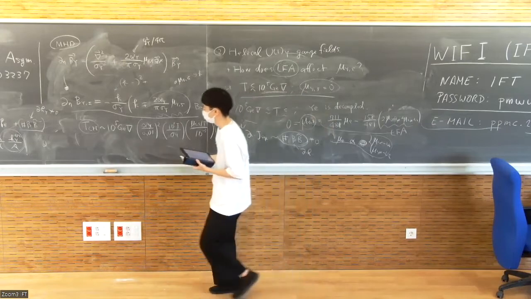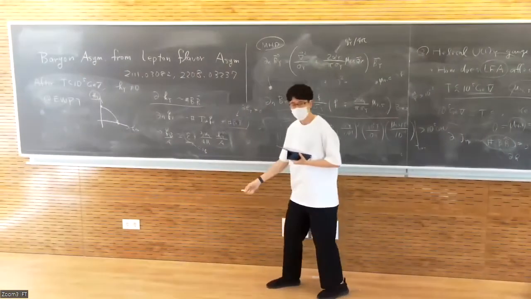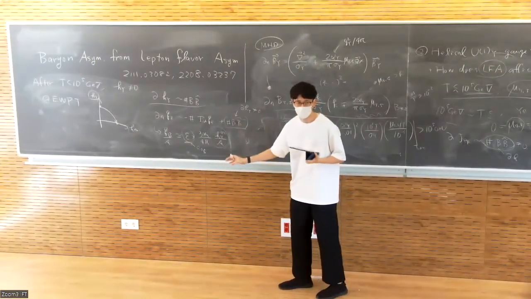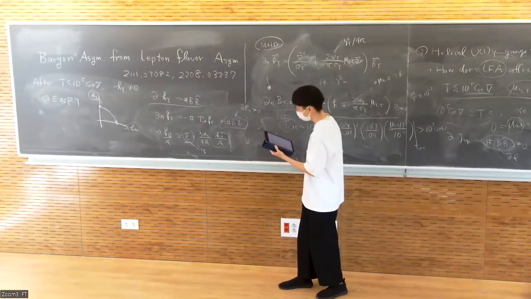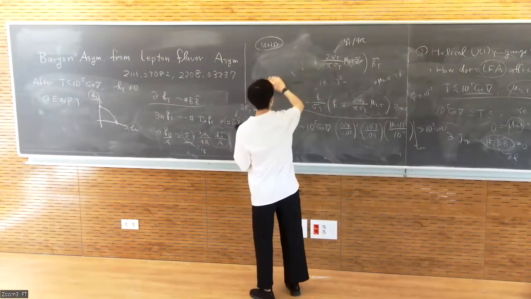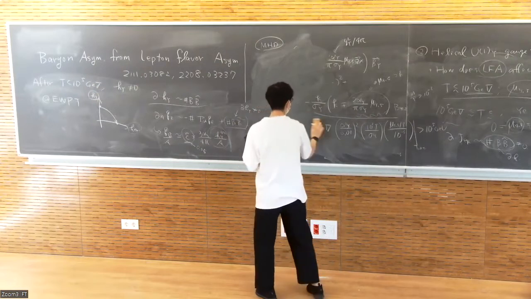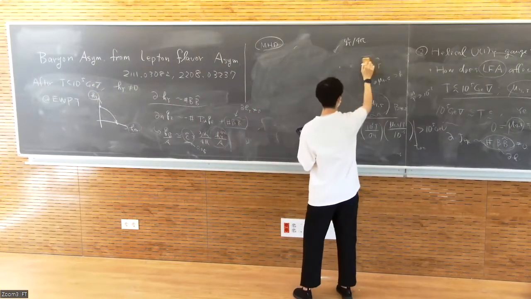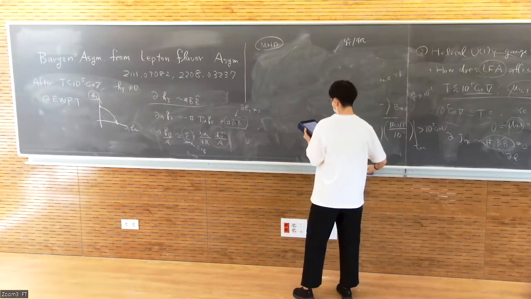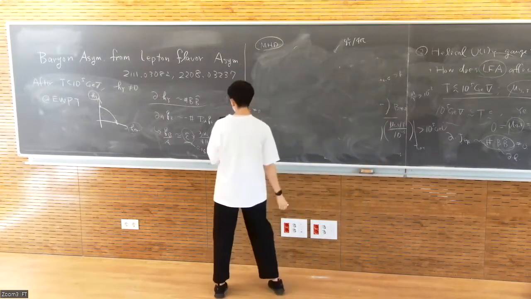So for this reason, H divided by S is super large, and then you overproduce baryon asymmetry. So the other way around, if you have very large lepton flavor asymmetry, you overproduce the baryon asymmetry.